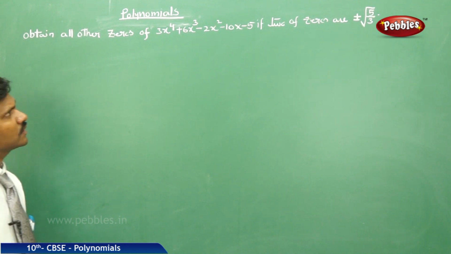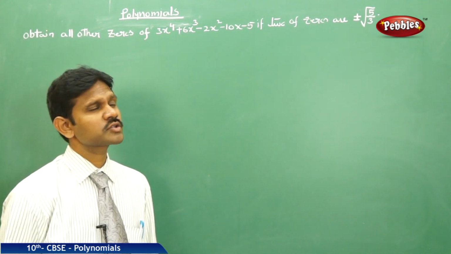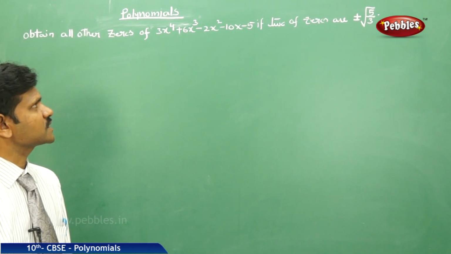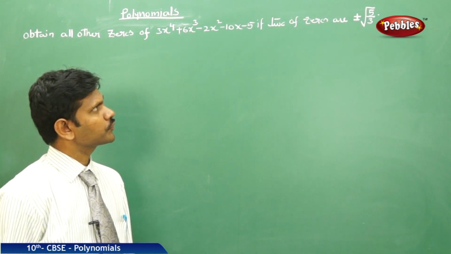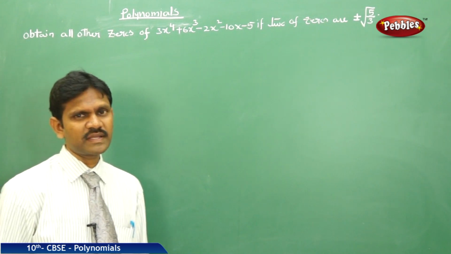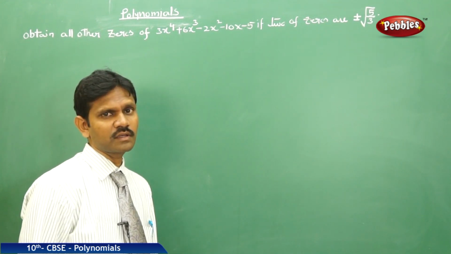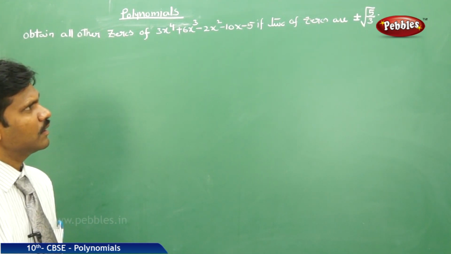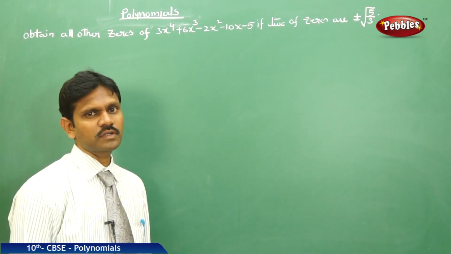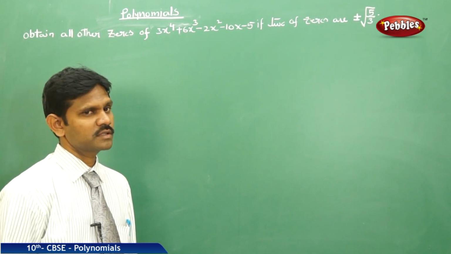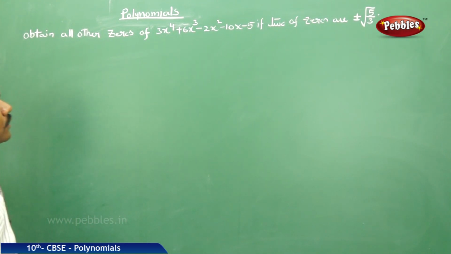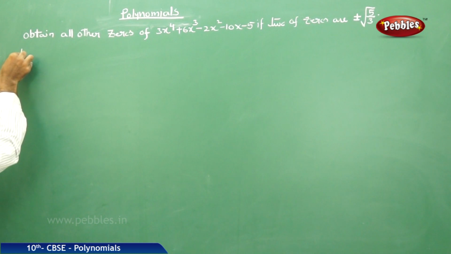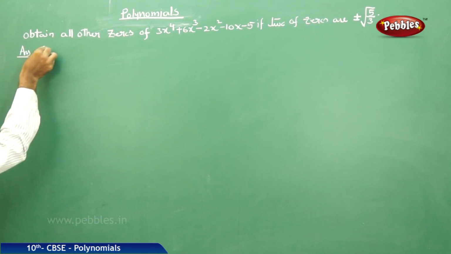Obtained all other zeros of the polynomial 3x to the power 4 plus 6x cube minus 2x square minus 10x minus 5, if two of the zeros are plus or minus root 5 by 3, which is a special case. Like this, we saw it in two different methods, but those zeros are quite different from this one. That is, we have to follow the answer given.